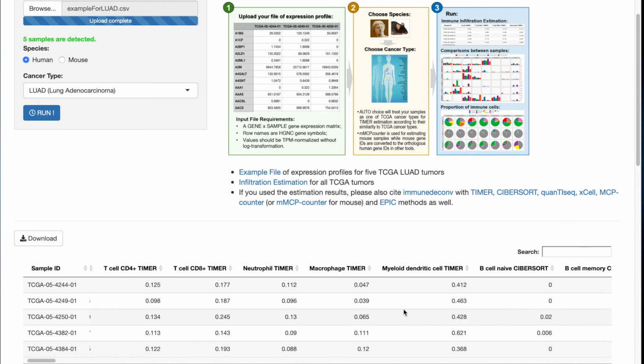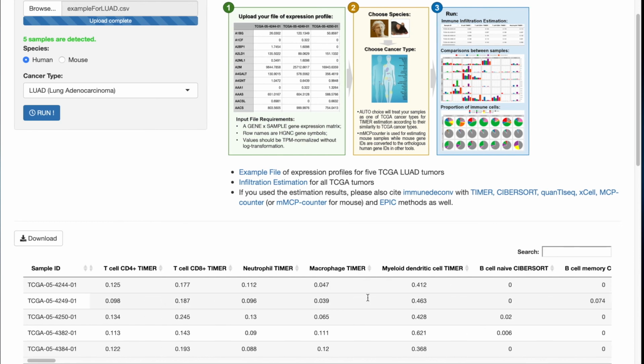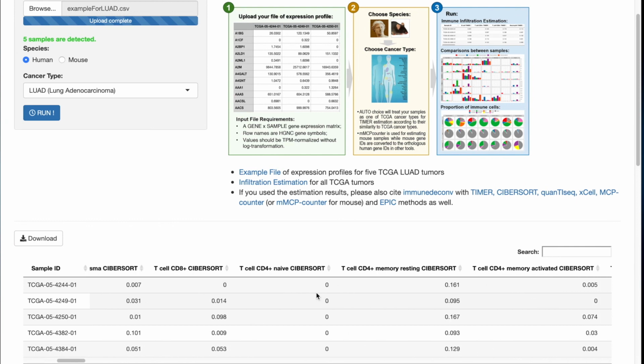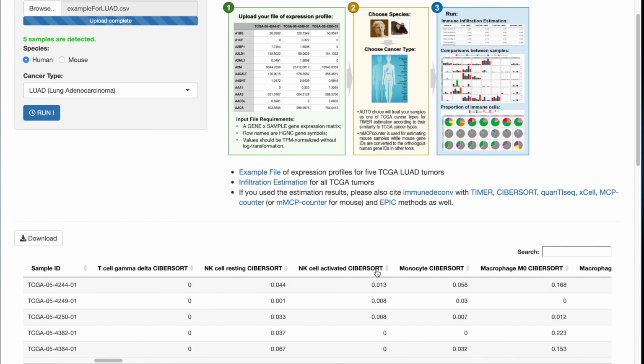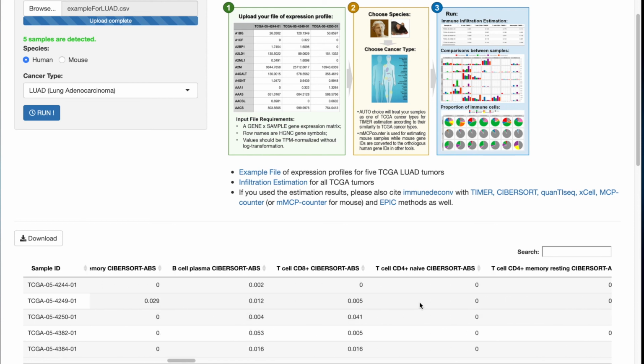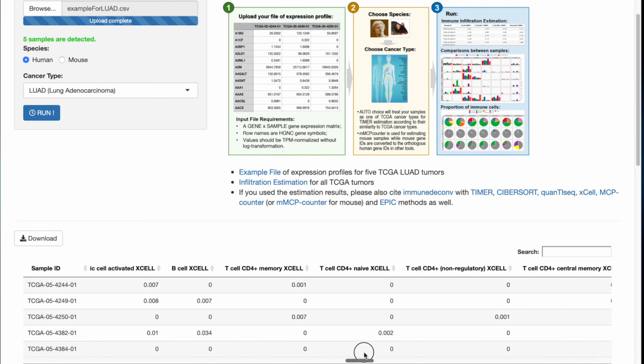It contains the immune cell estimation by different algorithms. You can see TIMER, CIBERSORT, and so on, and the Excel file. These are for all the samples the user uploaded.